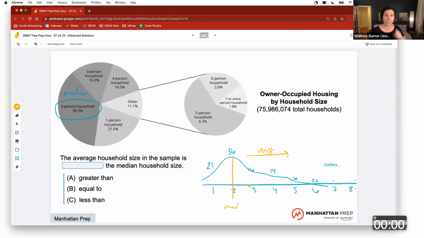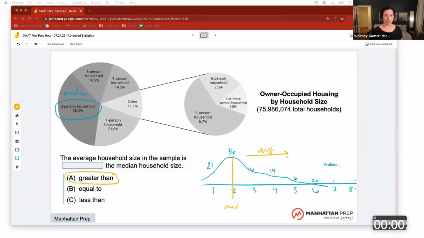So the average in this case will be higher or greater than the median. Kind of cool, huh? Okay, so that's this idea of skew, this pull.